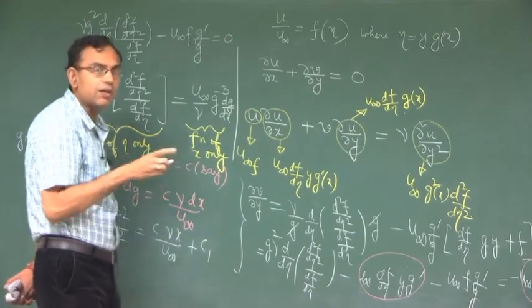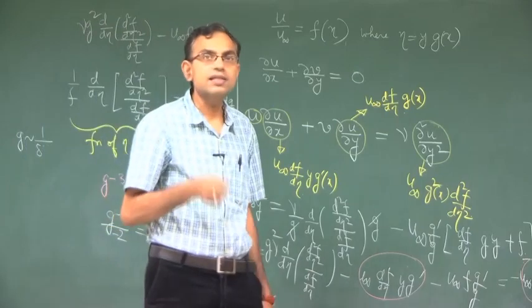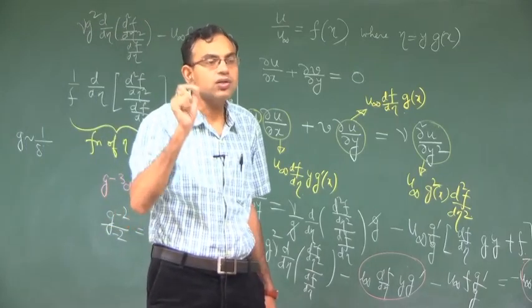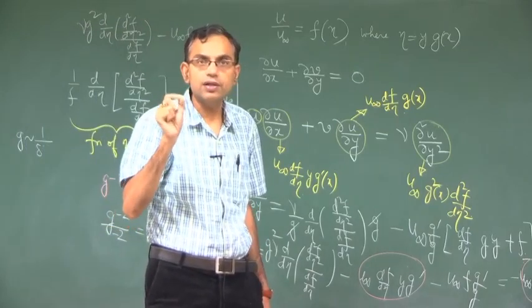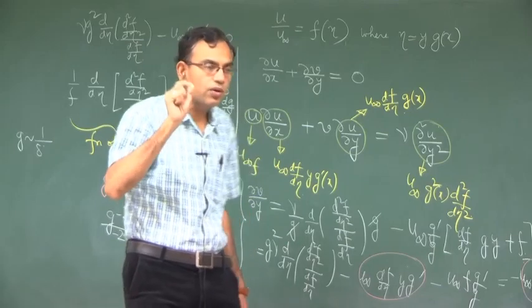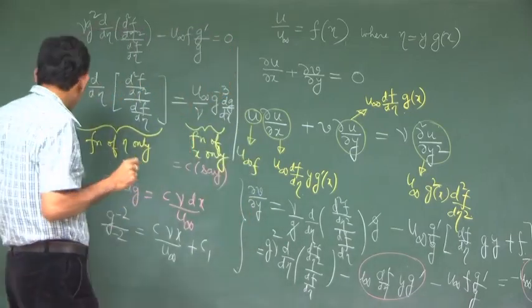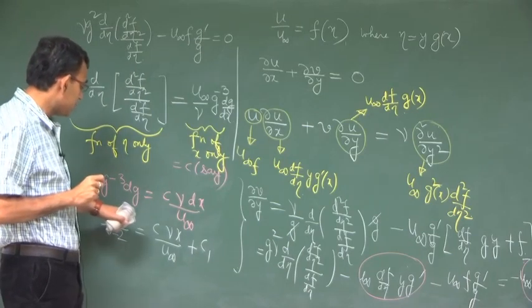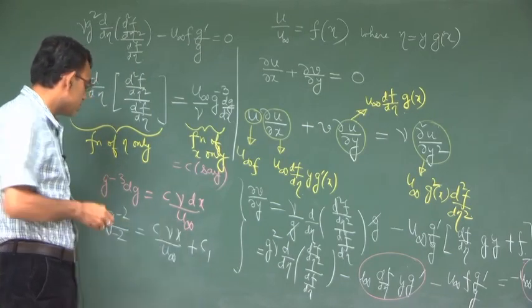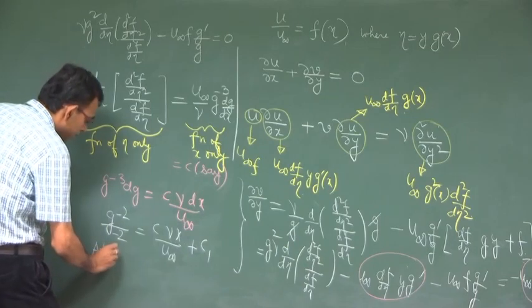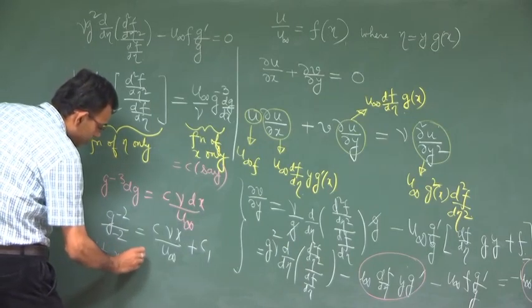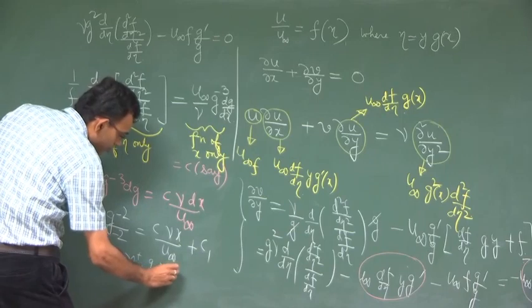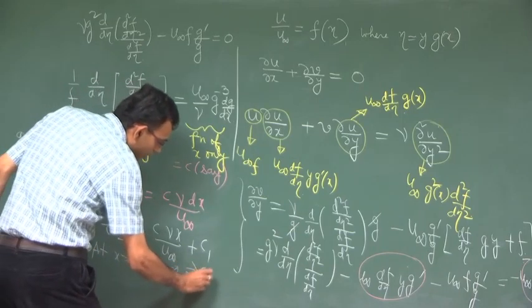Remember, at the edge of the boundary layer where x is exactly equal to 0, delta is not defined, it is a singular point. So, at x tends to 0 plus, you have delta tends to 0, that means g tends to infinity. So, if g tends to infinity, this is 0. So, let us write this at x tends to 0 plus g tends to infinity, that means C1 equal to 0.